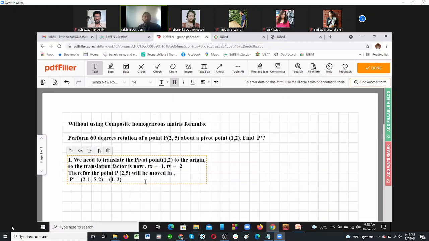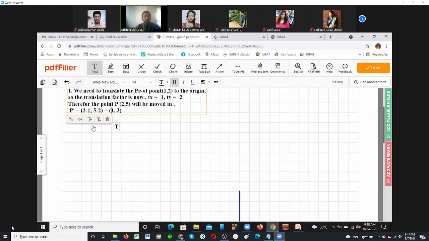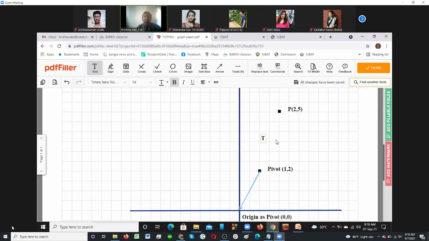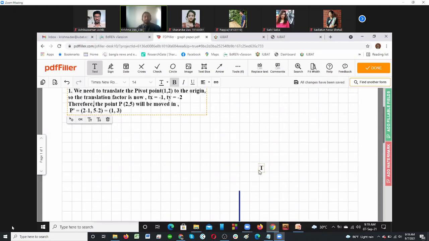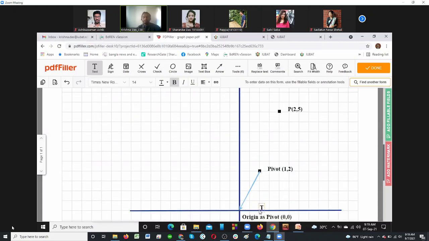As you can see here, the pivot point is moving here, so the same unit of that value will be applied to move that object as well, so after doing that we get 1 and 3.